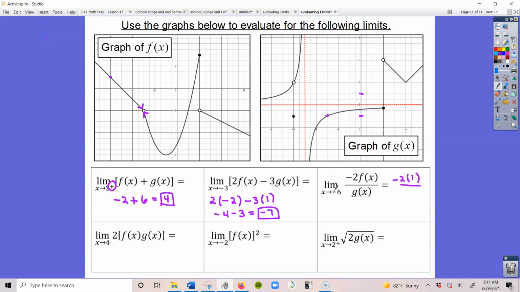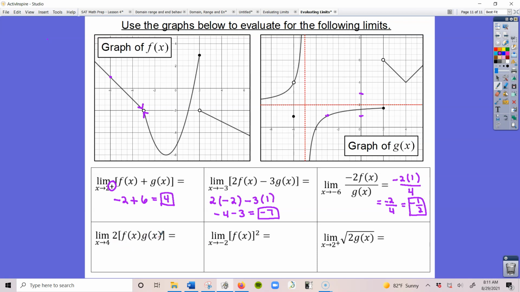Over the limit as x is approaching negative 6 of g of x, here's negative 6. Remember that even though this is the function value, it's not the limit value. The limit value is 4. So we end up with negative 2 times 1, which is negative 2, over 4. That can be simplified to negative 1/2.